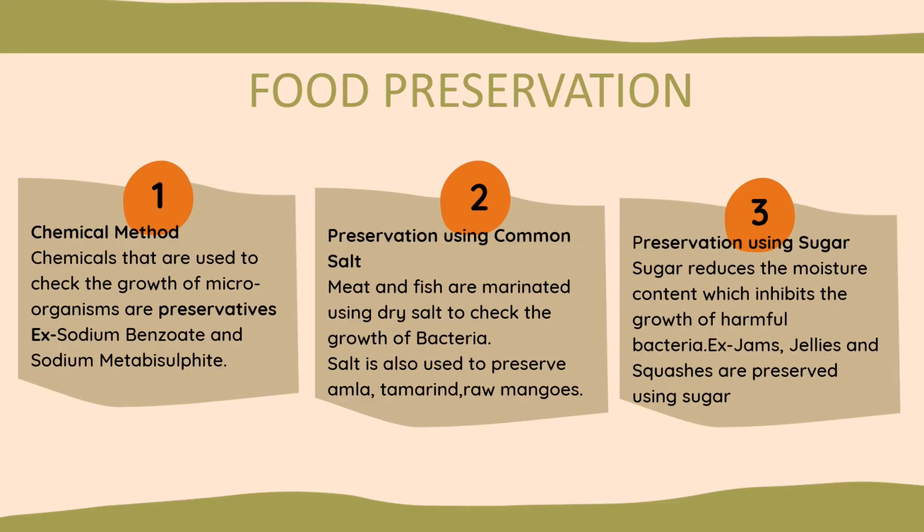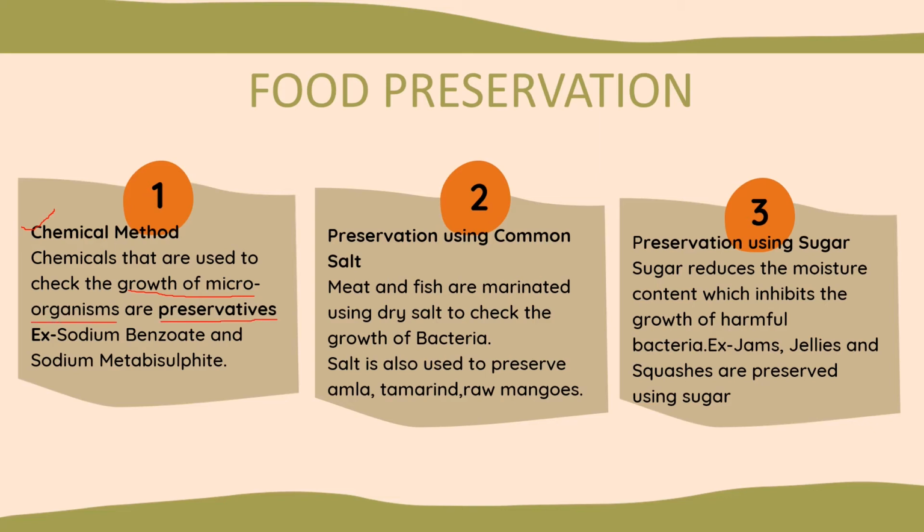Let us now discuss some common ways how food is preserved. The first one is the chemical method. Chemicals are used to check the growth of microorganisms, and these chemicals are called preservatives.